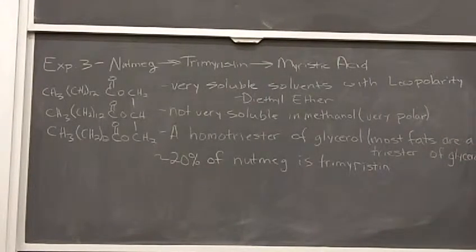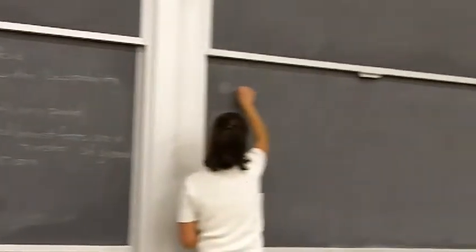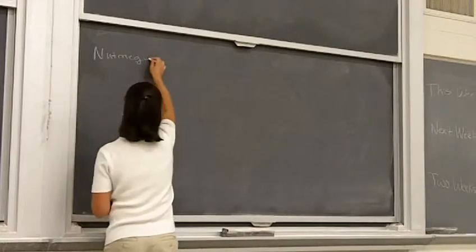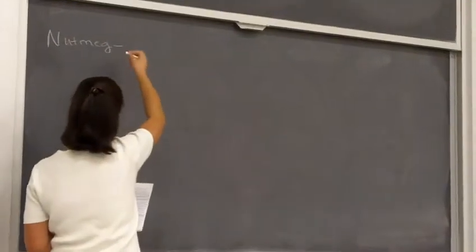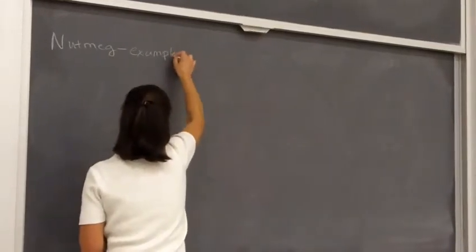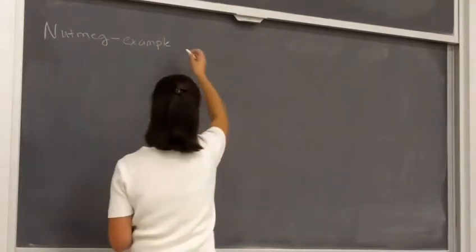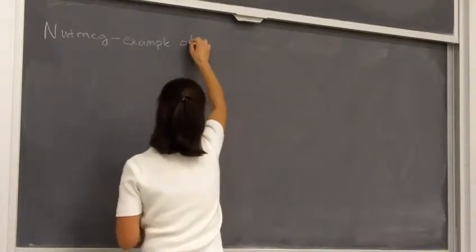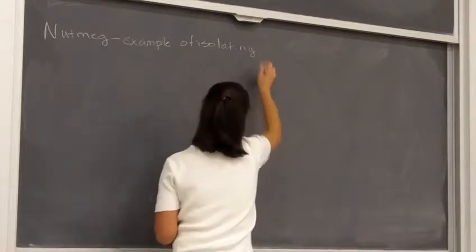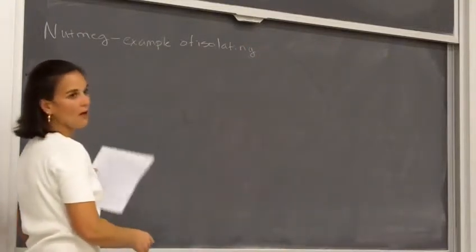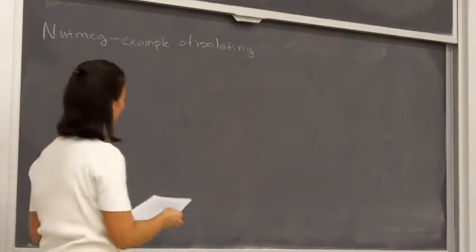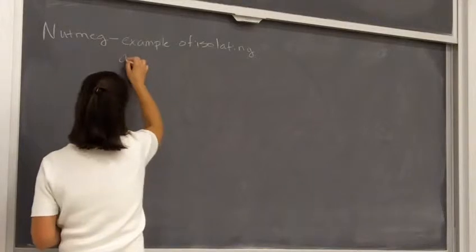Now, using nutmeg in experiment 3 and extracting the trimyristin is an example of isolating a natural product from a plant or animal material. If you remember seminar a few weeks ago, our very first seminar speaker was talking about natural products and how natural products are used. This is a really good example of isolating a natural product.